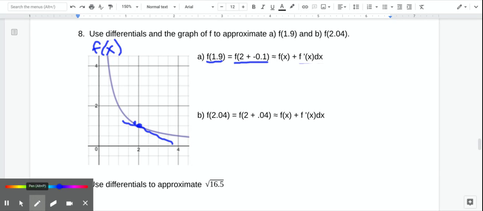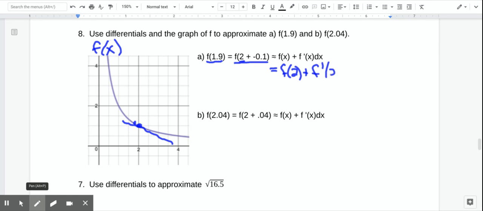So we're going to use that tangent line approximation, and we'll do f of x plus the derivative at x times dx. So that means that we need to take f of our x value that we do know, which is 2, plus the derivative at 2 times the dx, and that dx is this number, how much we're off.